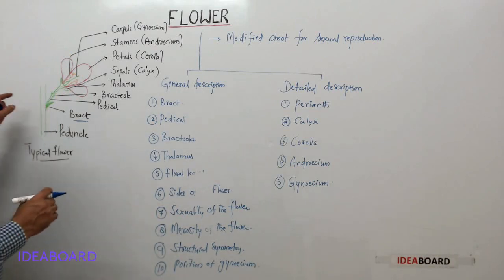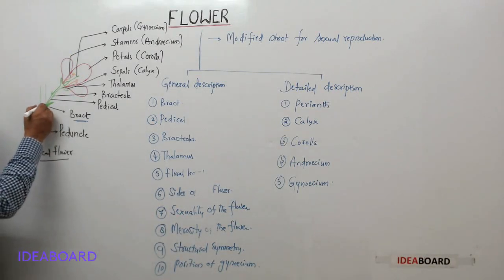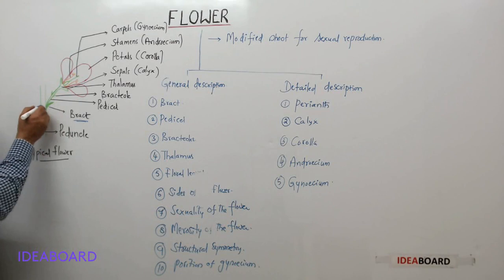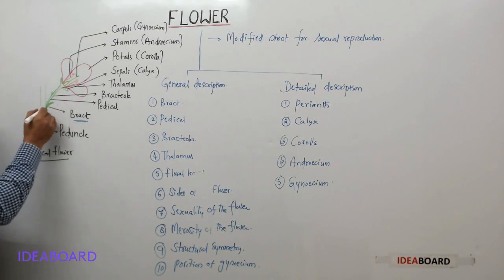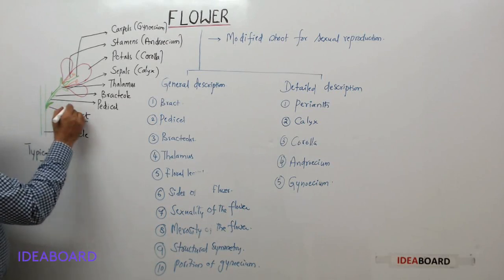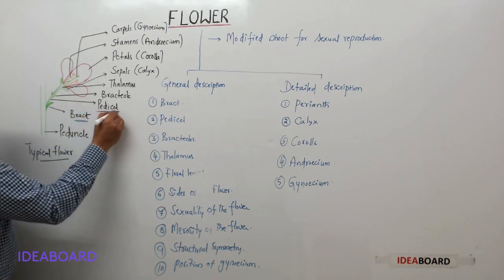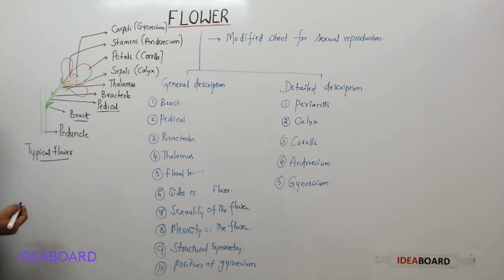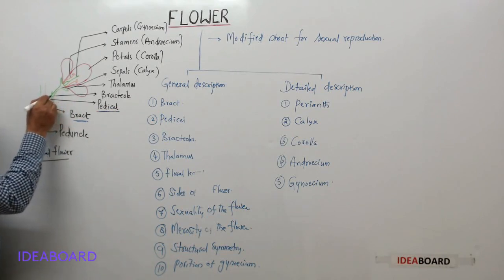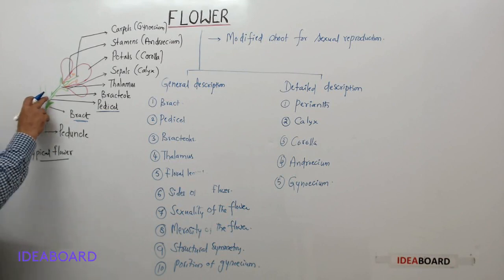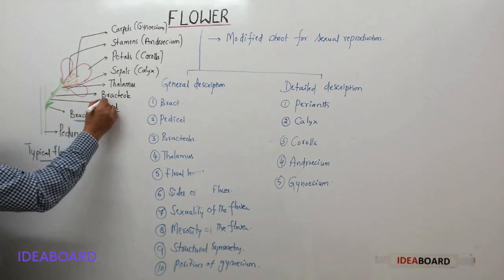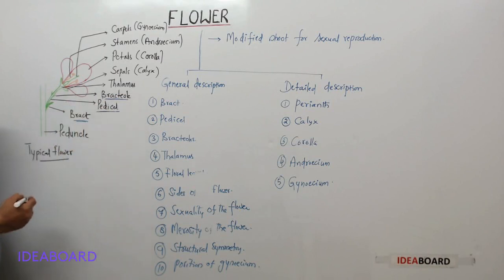So I'm showing you one flower coming from the axil of this bract, and this flower has one stalk, and that stalk of the flower is called pedicel. You can see I drew some leaf-like appendages, not modified leaves. The leaf-like appendages present on the pedicel are called bracteoles.